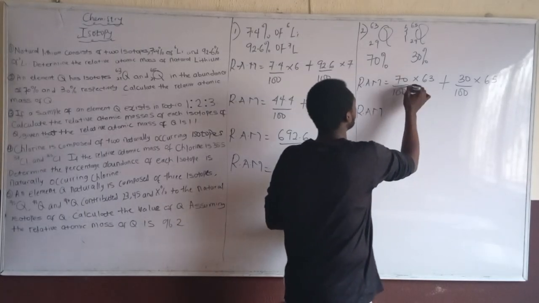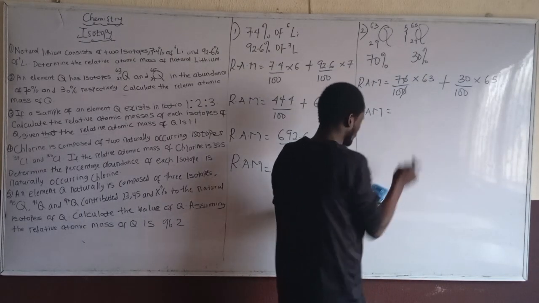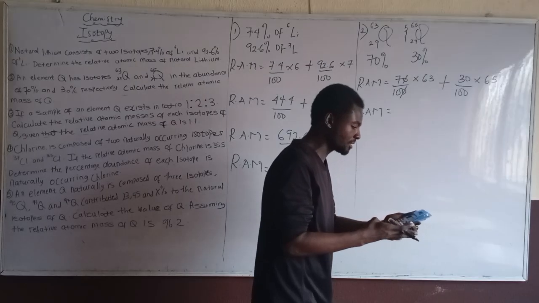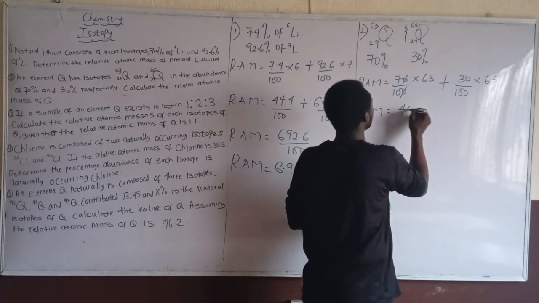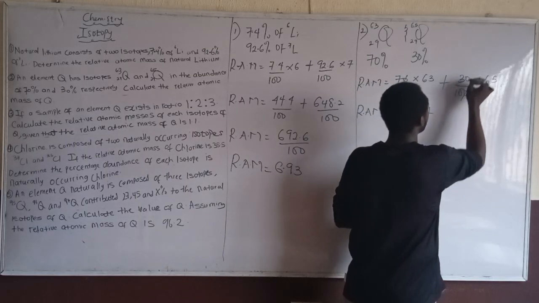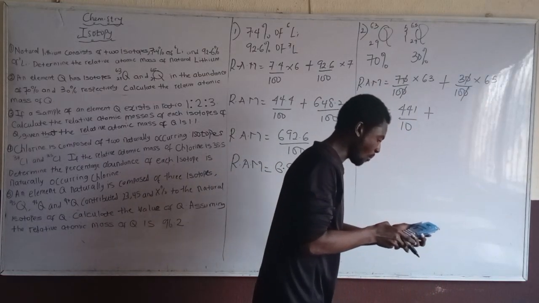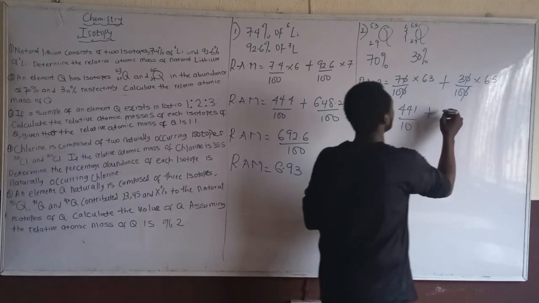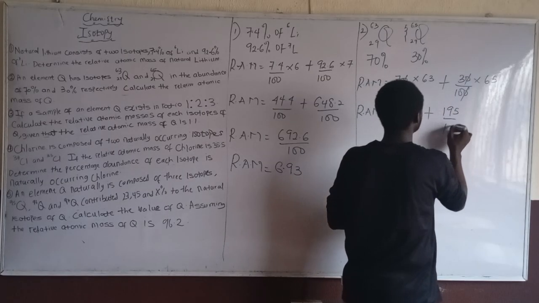So my RAM: here I can say 0 cancel 0. So 7 multiplied by 63, that is 441 divided by 10, plus here also 0 cancel 0, 3 multiplied by 65 is 195 divided by 10.